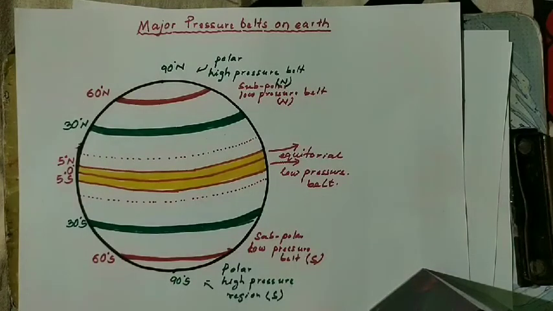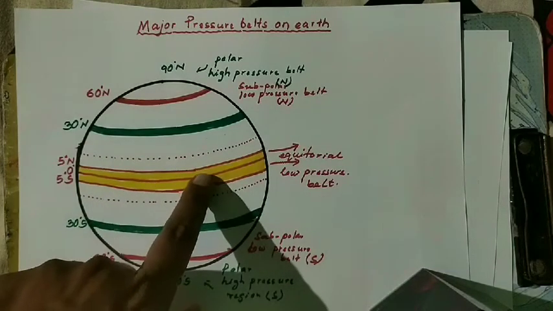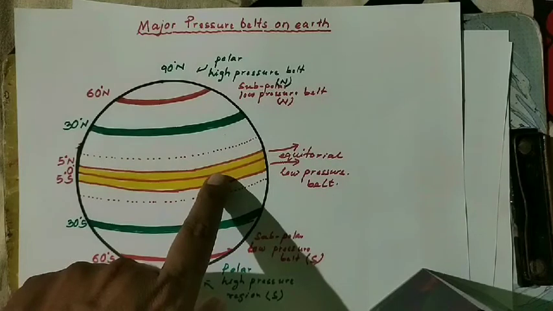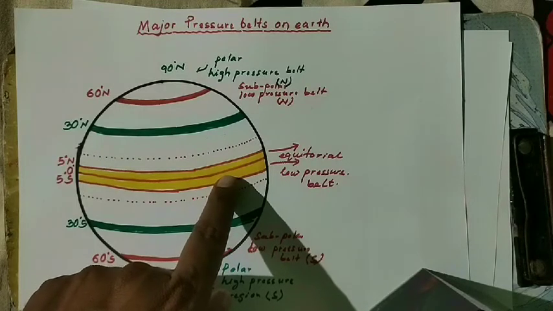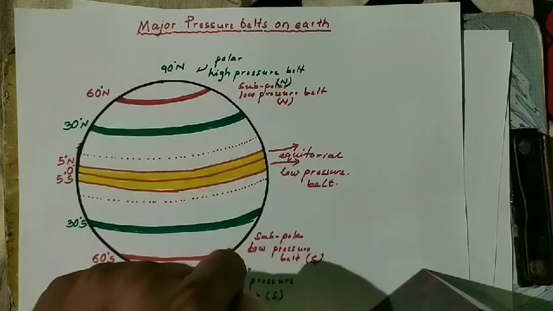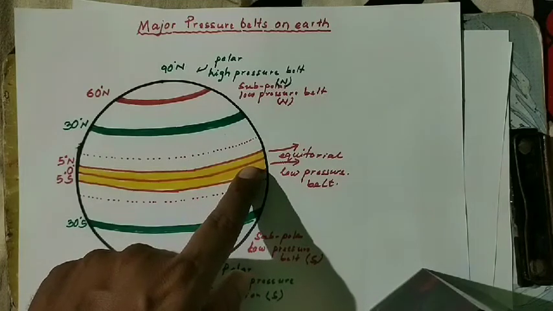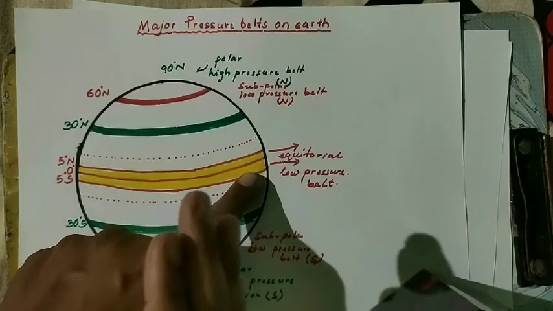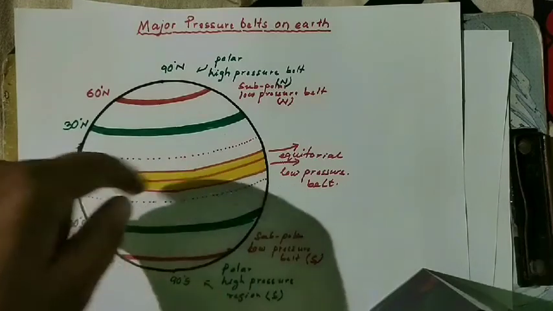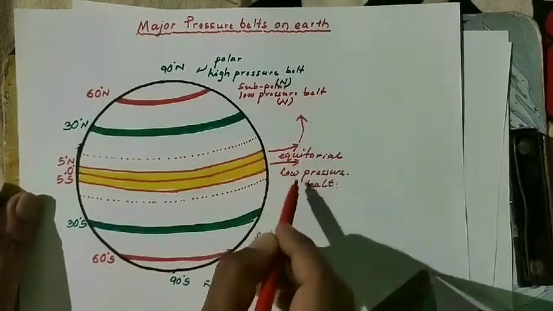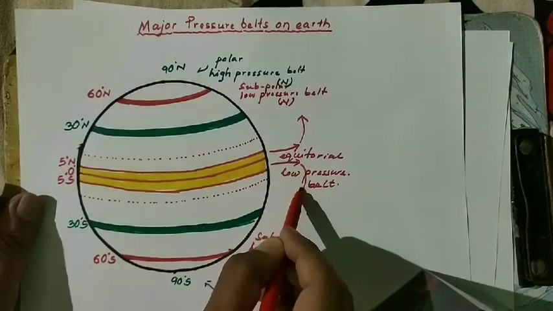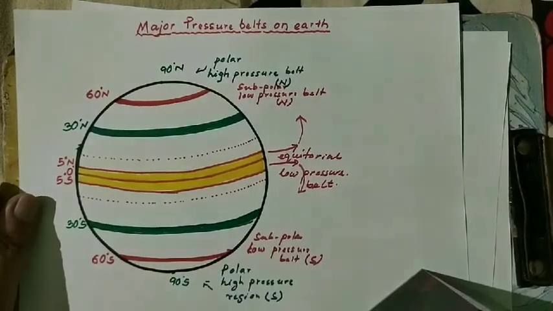At first, we discussed that at the equatorial region the earth gets the highest amount of sunlight, so the air gets heated and expands upward. As the air expands, it moves to the upper part of the atmosphere, then it moves to both hemispheres as hot air.